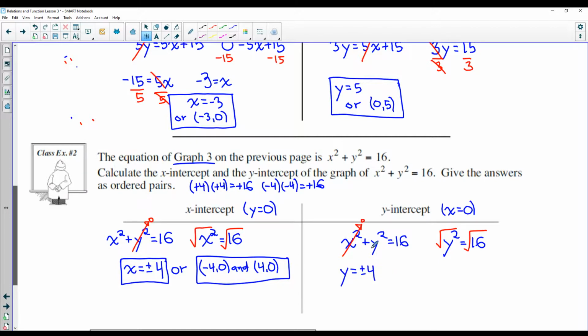So you have plus or minus 4, or we can write it down as ordered pairs: 0, negative 4, and 0, positive 4.